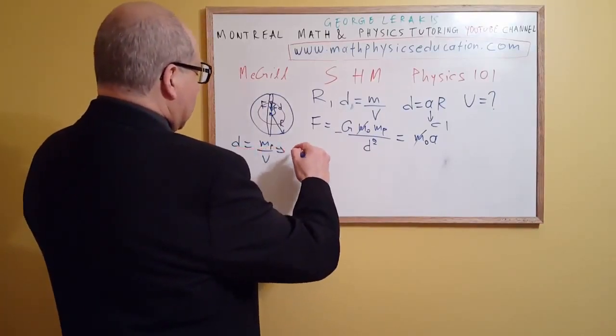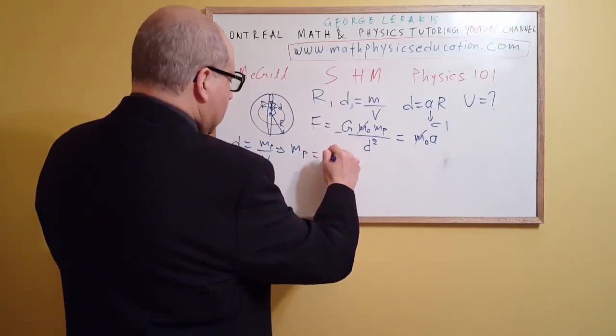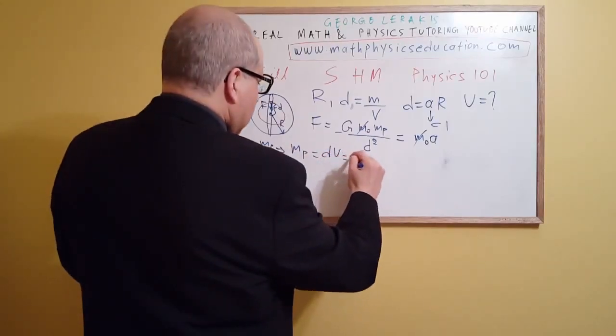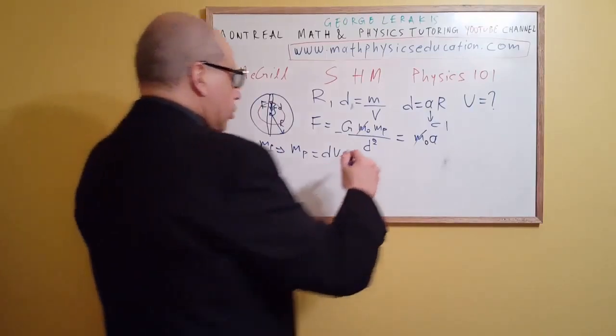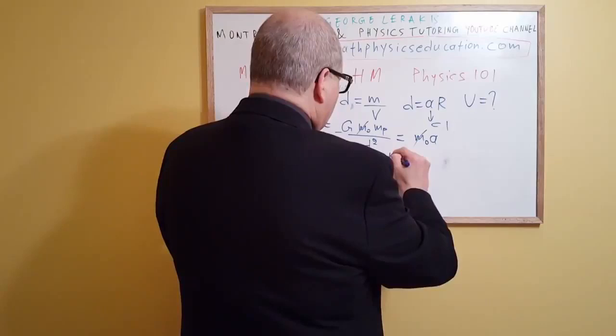Now, if we solve for MP, we have that MP is equal to density times V. This here is a sphere, so the volume of a sphere is equal to 4 pi r cubed over 3.